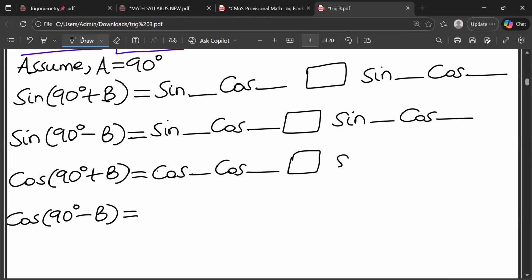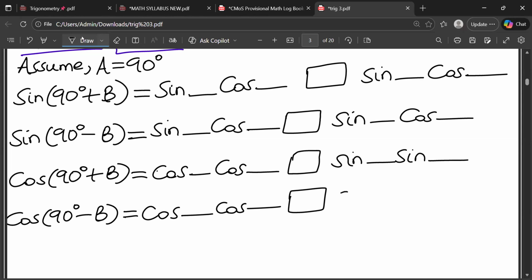Then a sine here, then on this side you have the sine. Even this last one, cos and cos, then you can have a plus. Then on this side, you have sine and sine. That is very important. Now let's fill in the angles in this order, in that direction.